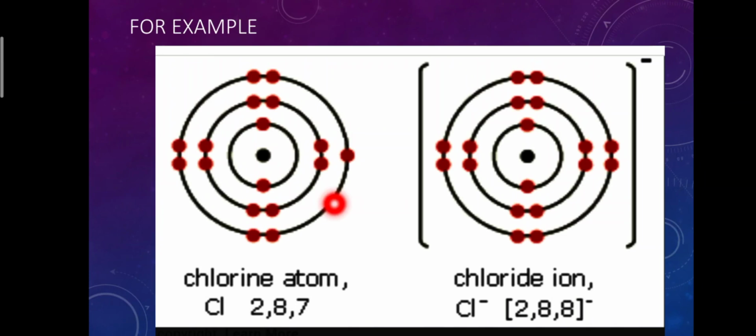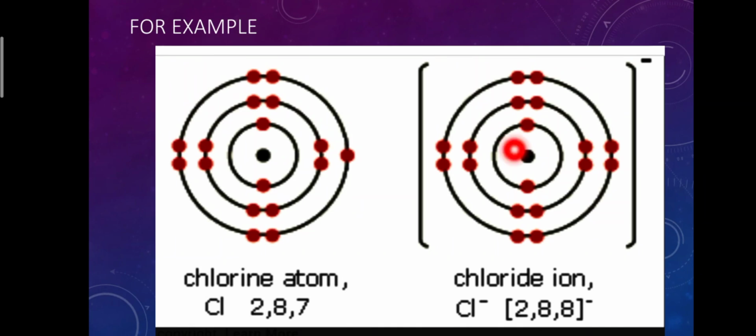On reaction, it accepts one electron from another element and forms chloride. Chloride contains 8 electrons in its valency shell. The electronic configuration of chlorine is 2, 8, 7, while the electronic configuration of chloride is 2, 8, 8. K shell contains 2 electrons, L shell contains 8 electrons, and M shell also contains 8 electrons, and it acquires a stable configuration.